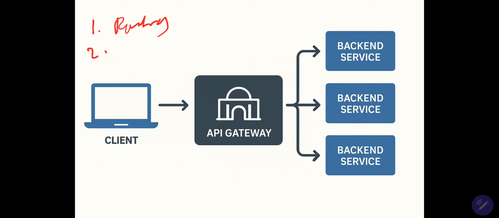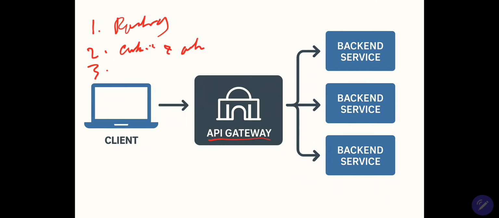Number two main function of this API gateway is authentication and authorization. It means the function to check the identity and privileges of the user.